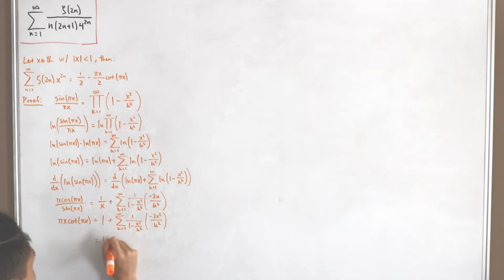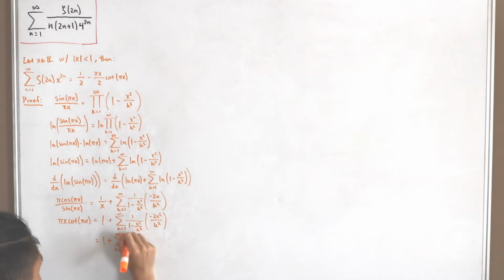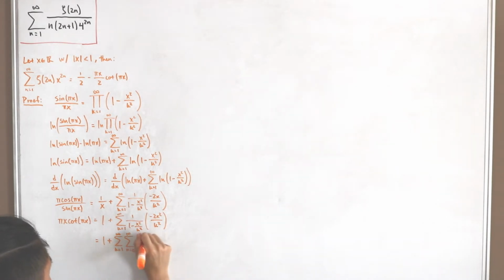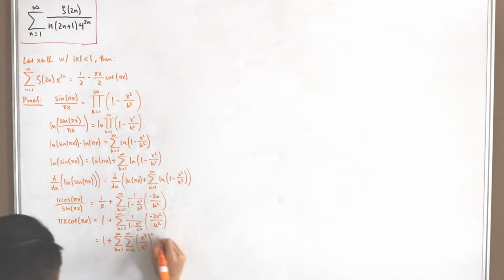So this is 1, and then plus, now we have 2 sums, not double, 2 sums. So now we have the geometric series, n equals 0, of x squared divided by k squared, to the power n. And then still we multiply this with, of course, the negative 2x squared divided by k squared.